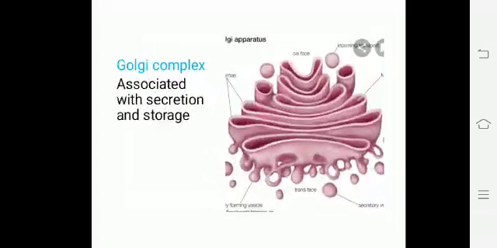It is also associated with secretion and storage. It secretes some types of hormones and enzymes, and it can store them also. Along with it, it helps in the formation of lysosomes also. So this is the main function of the Golgi complex.